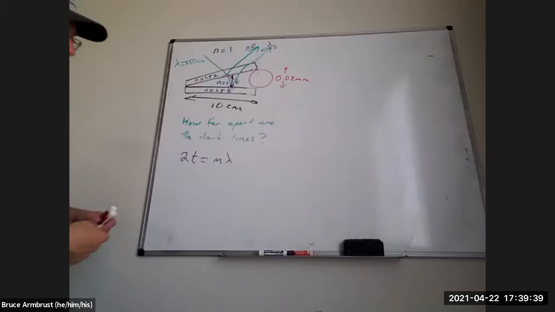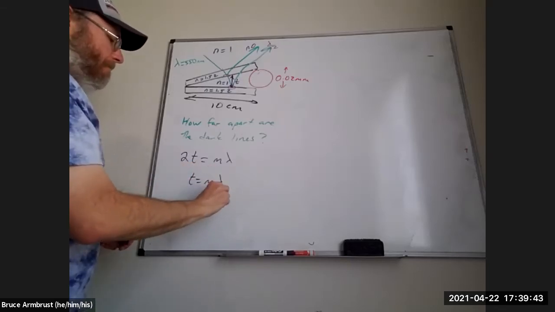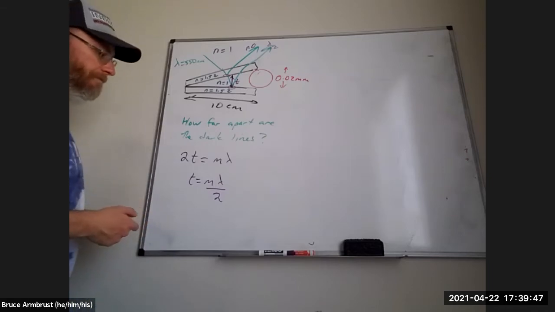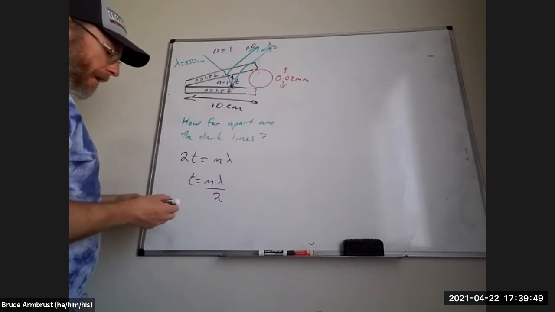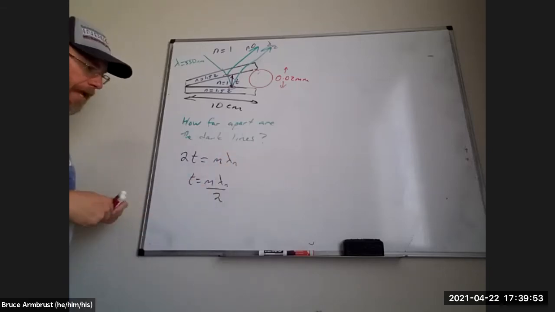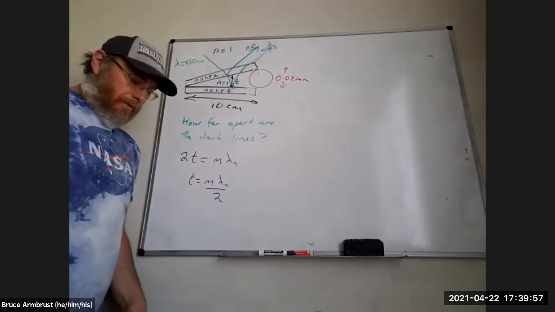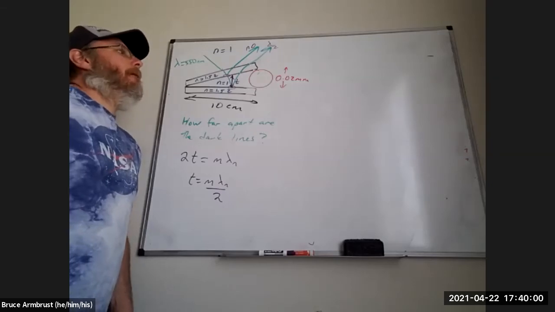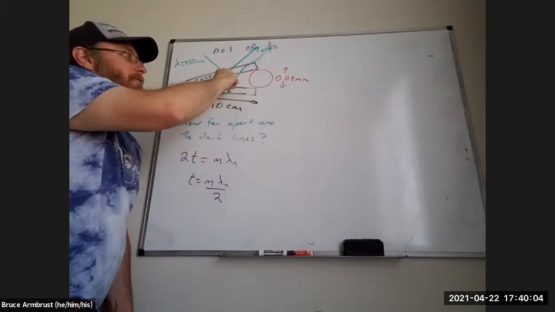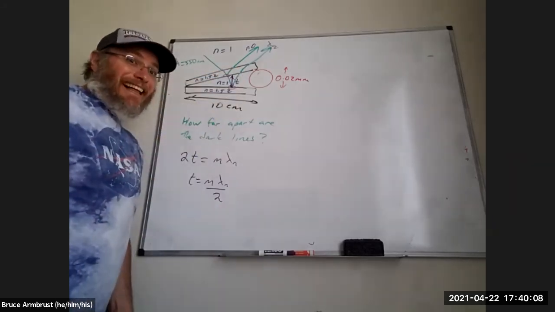Okay, so from this, we know that the thickness then is going to be m lambda over 2. All right, now technically, I should probably go ahead and put an n on those wavelengths because it's the wavelength in that medium. But if we look at where this extra distance traveled is, it's in the space between the glass.